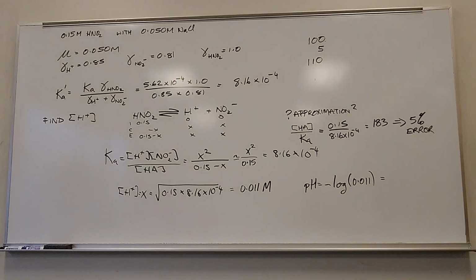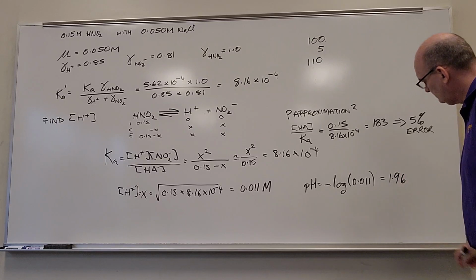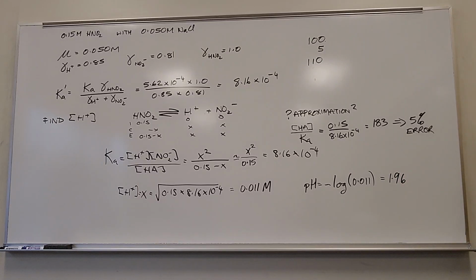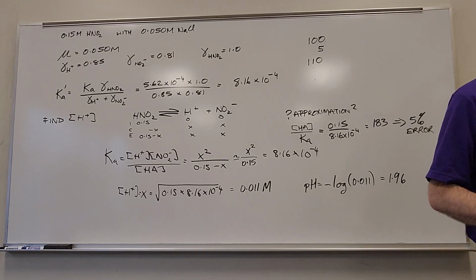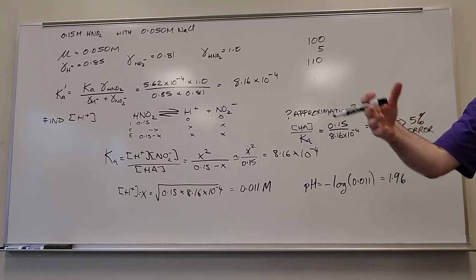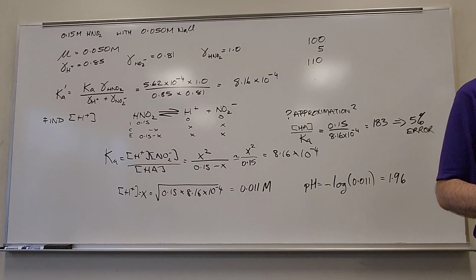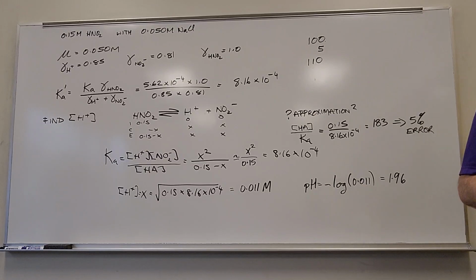I got 1.96. That sounds about right. I don't actually have my number down here, but that sounds about right. In the other questions, in fact, I don't have pH in any of my answers. I've been tagging it on as we go. But if I need to know, I can watch the film back, because we have it now. All right.